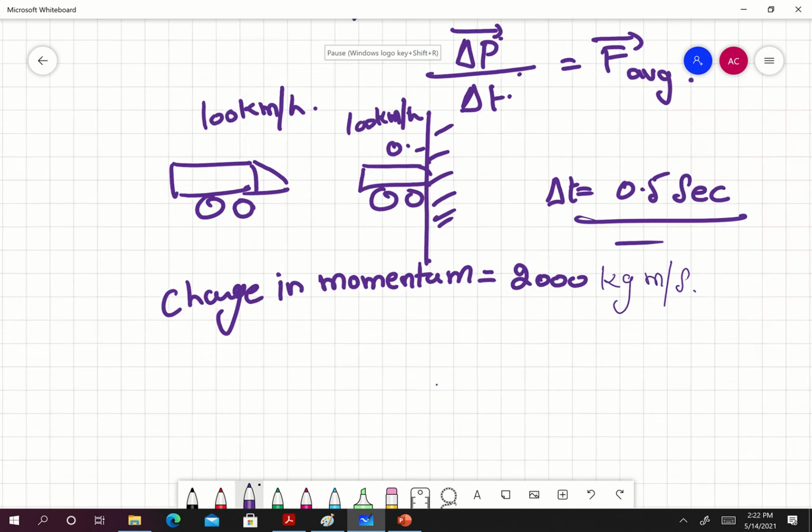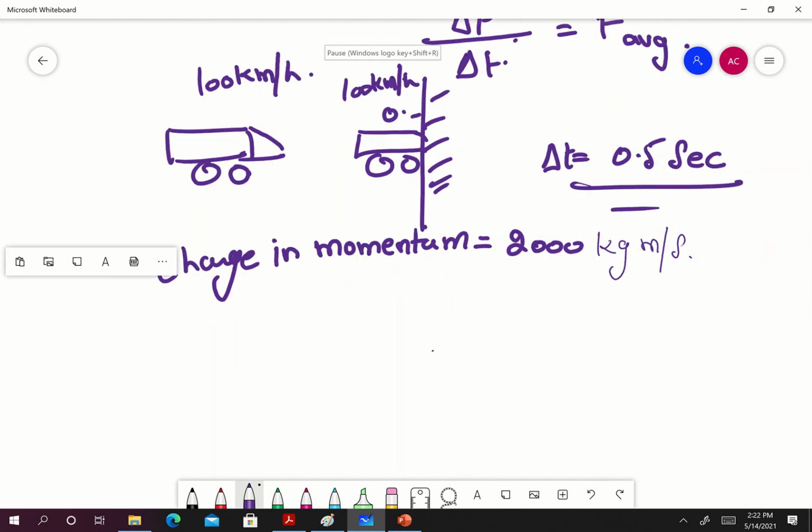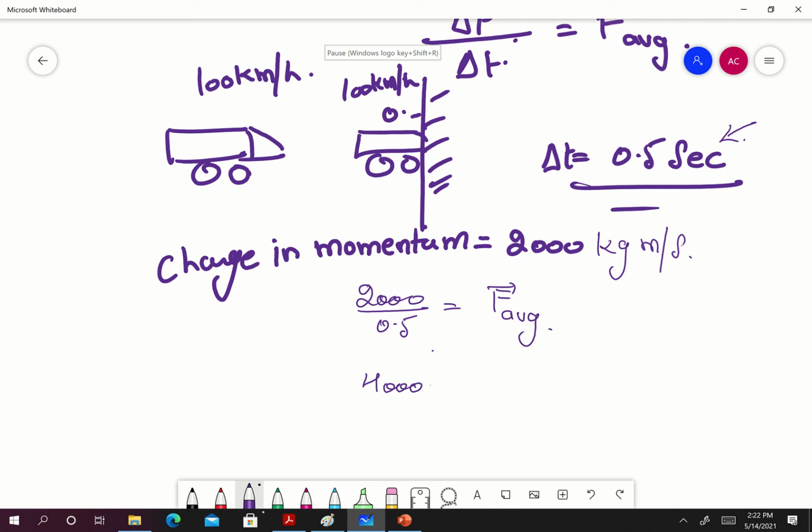So 2000 divided by 0.5 equals the average force felt, which comes out to be 4000 newtons.